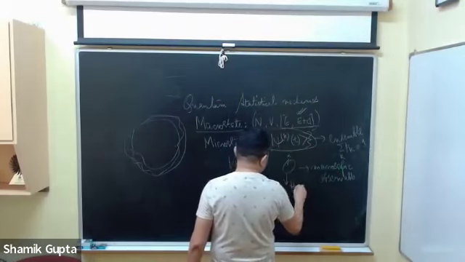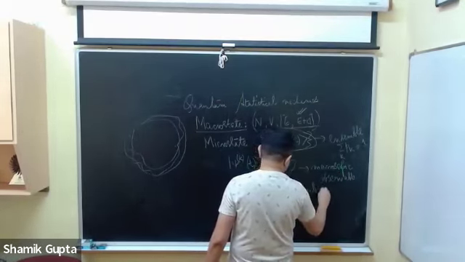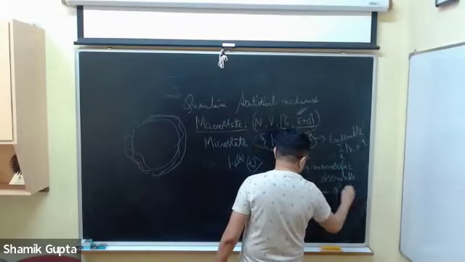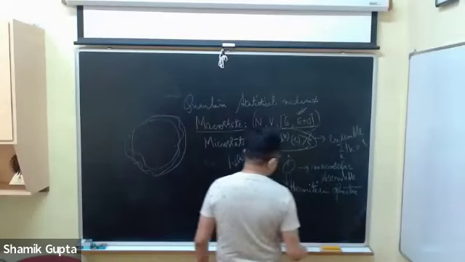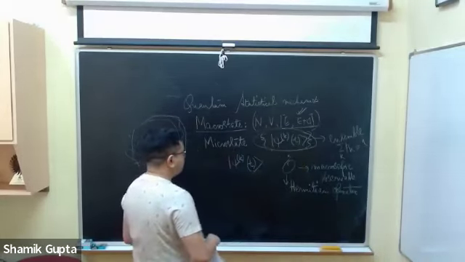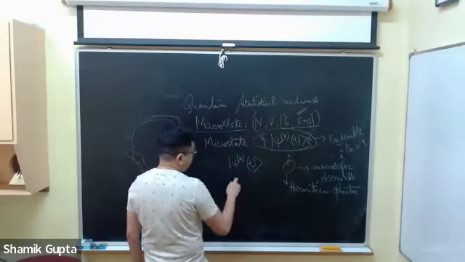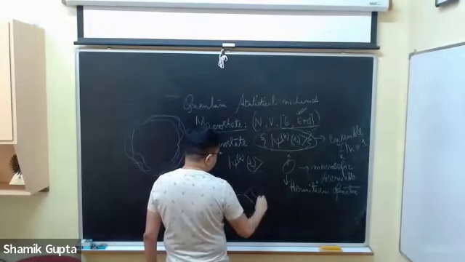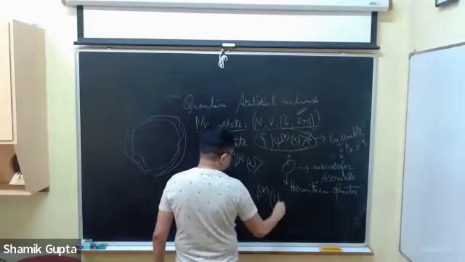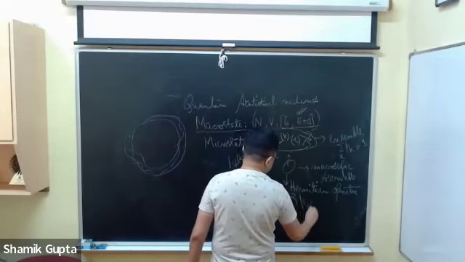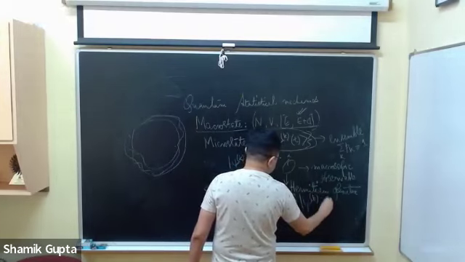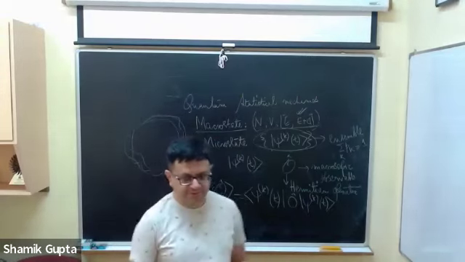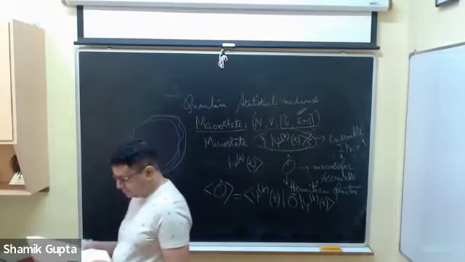This one is a Hermitian operator. If you are in the microstate, then what is the quantum expectation of O? This is simply given by the bra psi k of t, O, ket psi k of t. This is the quantum expectation of the macroscopic observable O.